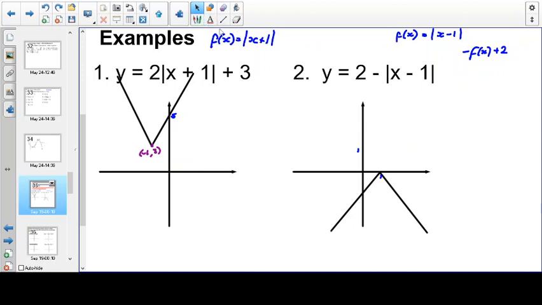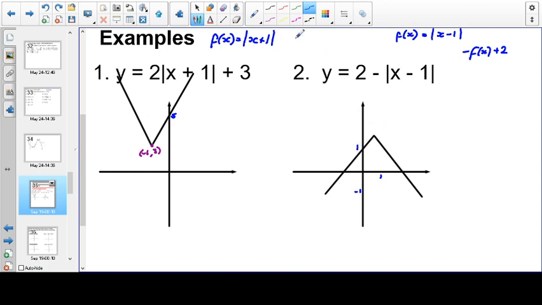And then, so that's now at minus 1, and then that whole thing is going to move up 2. So if the whole thing moves up 2, just move it up. It's going to look like that. That's going to go through 1 again. So it started off going through 1, then it reflected, so it went through minus 1, and then I've moved it up 2, so it's gone back through 1 again.